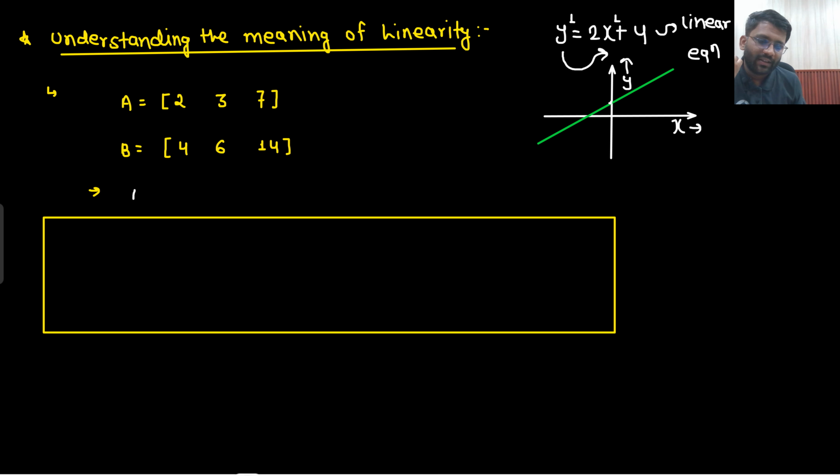If someone looks closely, he can directly say that, sir, B is nothing but twice of A. Or someone would say that A is nothing but half of B. So I tell you one thing: I give you matrix A in your hand and I ask you, using any linear operation, can you find out matrix B? You will say, yes sir, I will simply double it, I will get the matrix B.